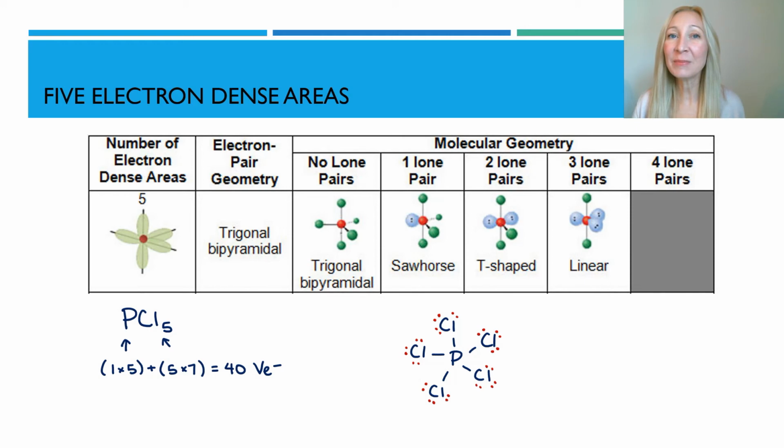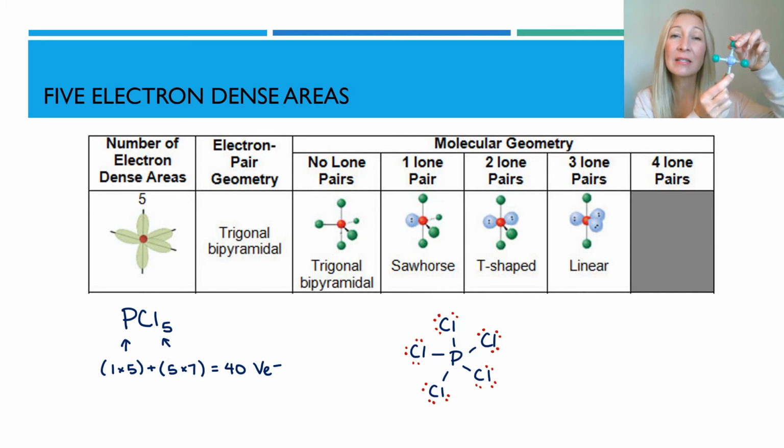So the 3-dimensional structure of PCl5 looks something like this. You're going to notice that in this plane we have bond angles of 120 degrees. And if I were to rotate it, in this plane, we have bond angles that are 90 degrees. So depending on which plane we are looking at, we're going to have different bond angles.